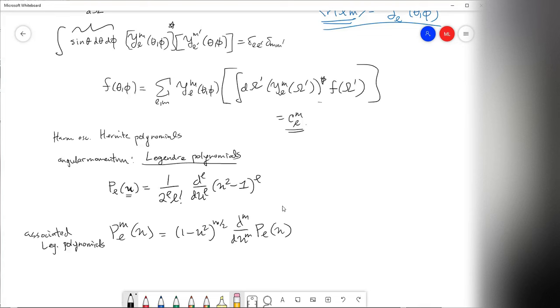You would get these by acting with the raising operator L plus.